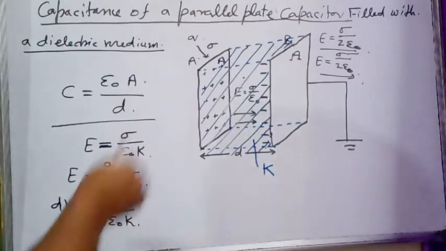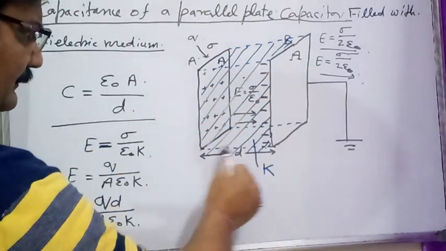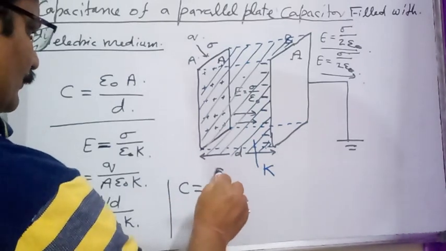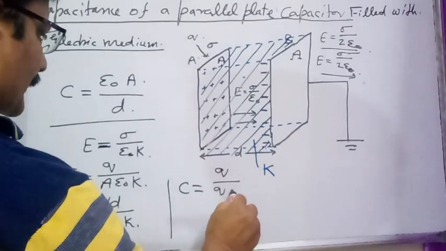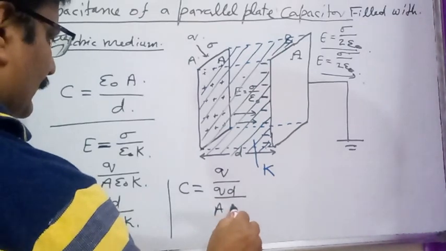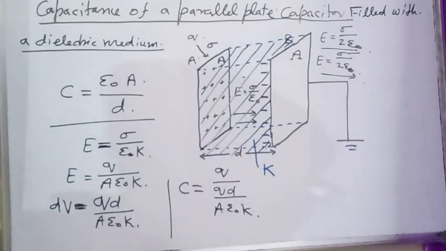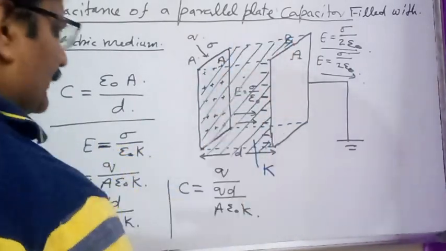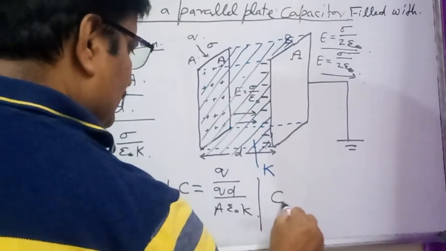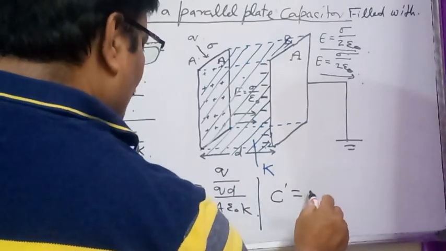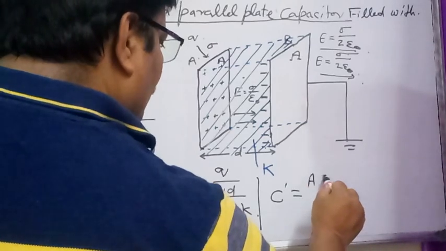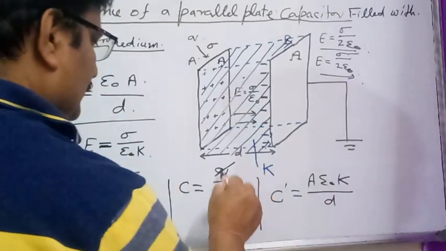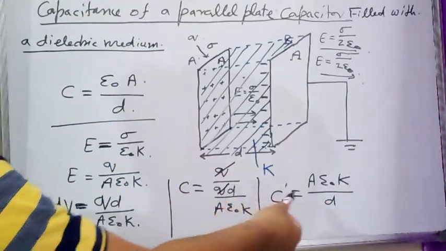Then what will be the value of capacitance in the presence of this dielectric medium? By the formula, capacitance C is equal to Q divided by Q multiplied by d divided by A epsilon naught into K. So the capacitance in the presence of a dielectric medium between the plates is going to be C dash equals A epsilon naught K divided by d. This Q cancels, and K moves to the numerator.